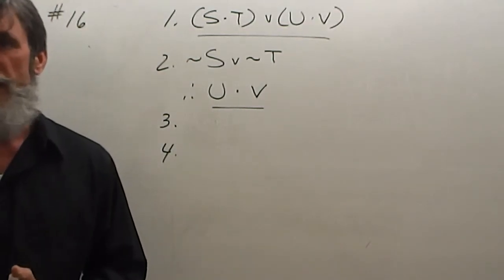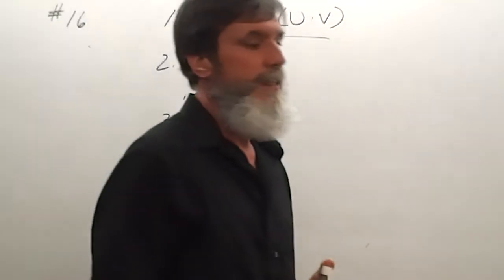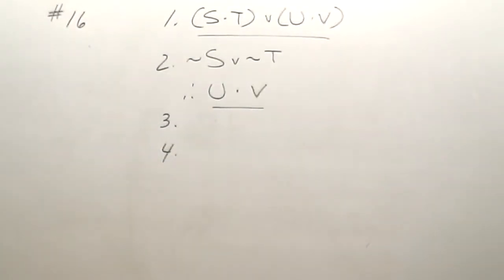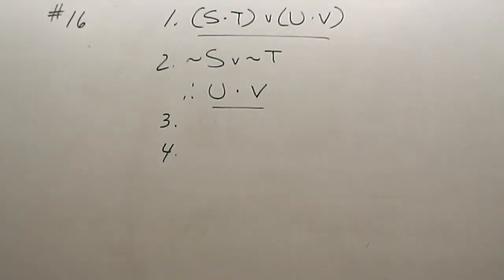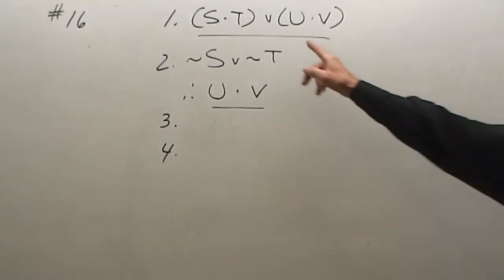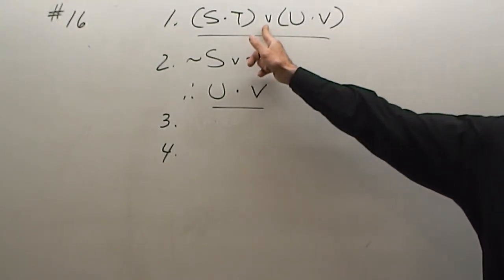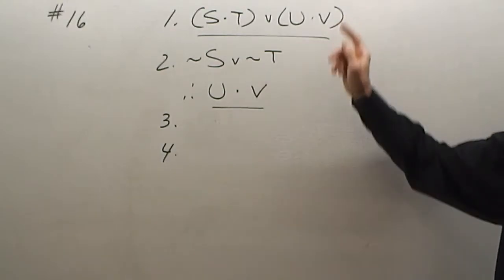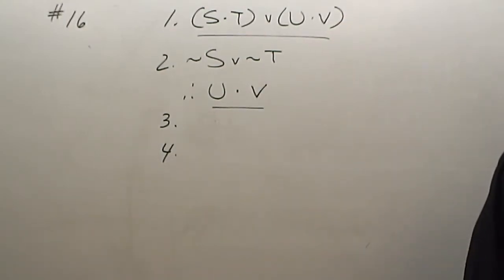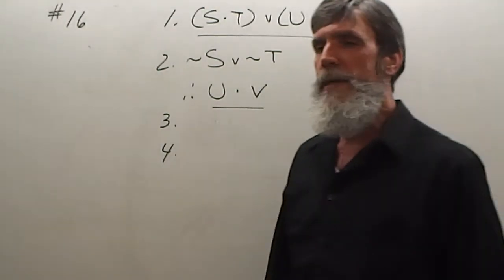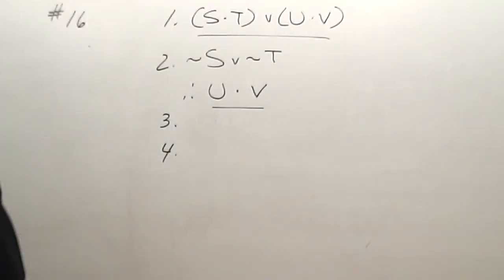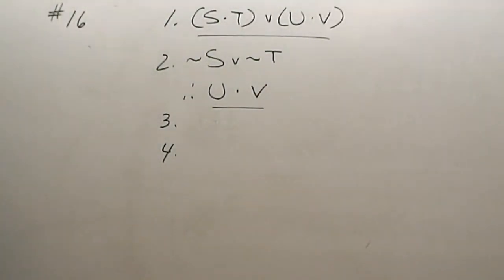So I want you to figure out what that is. This is a disjunction, and our conclusion is the right-hand disjunct. So what rule are we describing there? Disjunctive syllogism. Okay, that's the key. It's there.